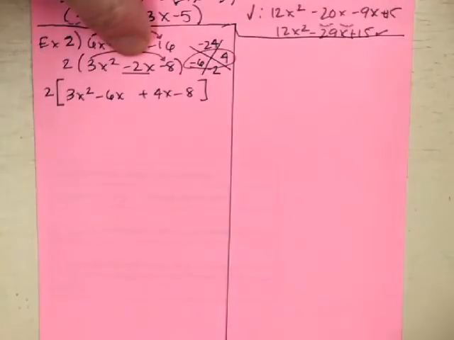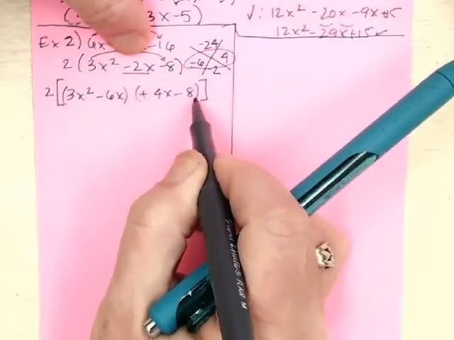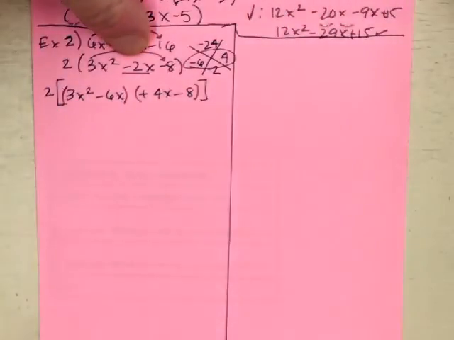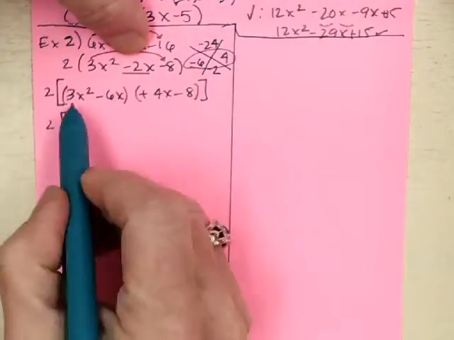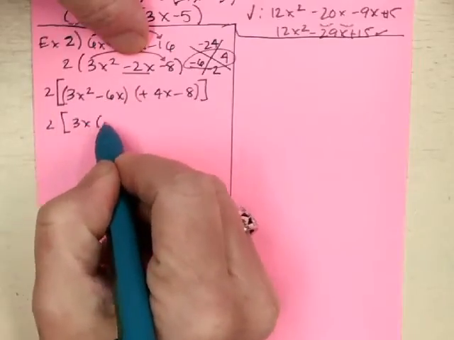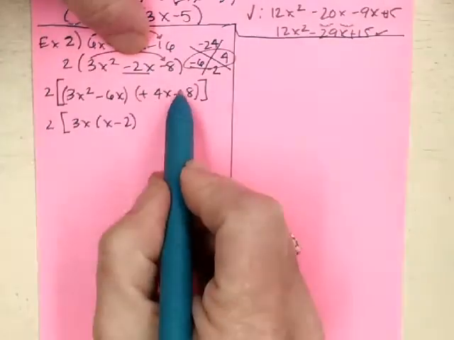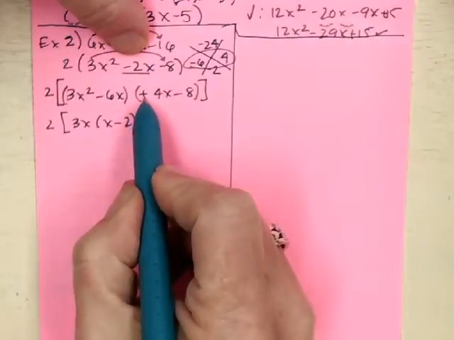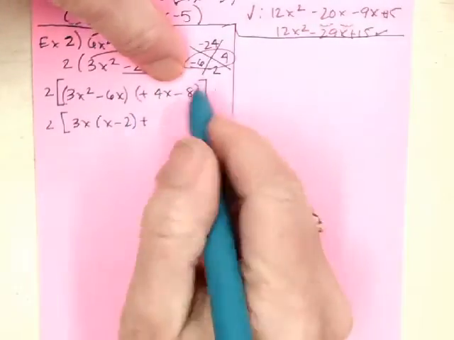So now I'm going to group these two and these two, and then take out your greatest common factor. In the first set, you just take out what you need to take out. My greatest common factor, my GCF here, is 3x. Leaves me with x minus 2. When you take your GCF out here, take out the sign with it. If that lead term is positive, then you're going to take out a positive, and our greatest common factor here is 4.